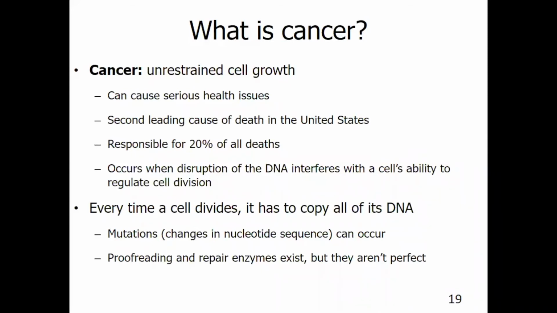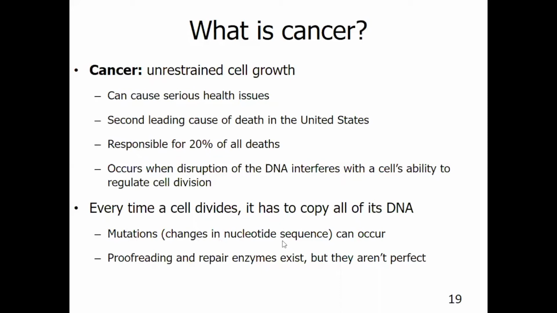Every time a cell divides, we just learned the cell has to copy all of the DNA. And this, of course, leaves the opportunity for mutations to arise. In Unit 2, we learned that mutations are simply changes in the nucleotide sequence.